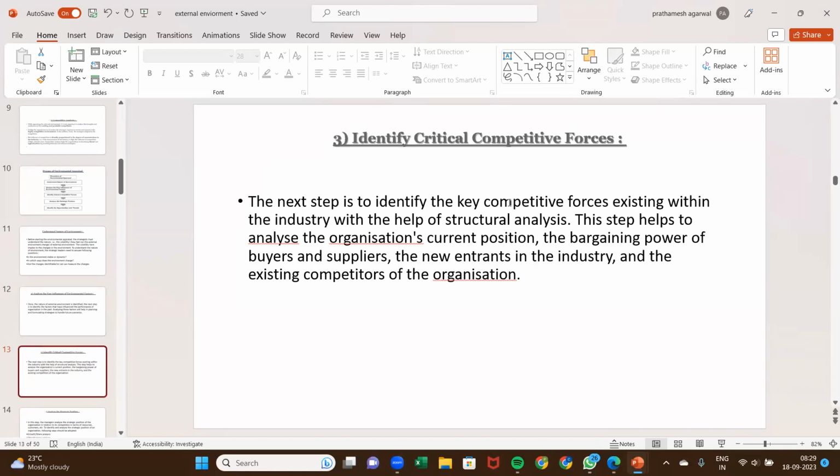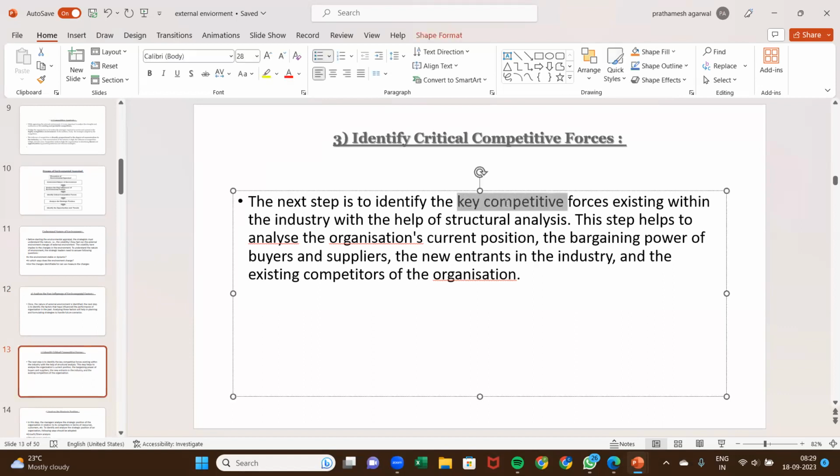Then identify the critical competitive forces. Now, the next step is to identify the key competitive forces. Who are going to be your competitors? Existing forces existing within the industry with the help of structural analysis. We'll see what is structural analysis.